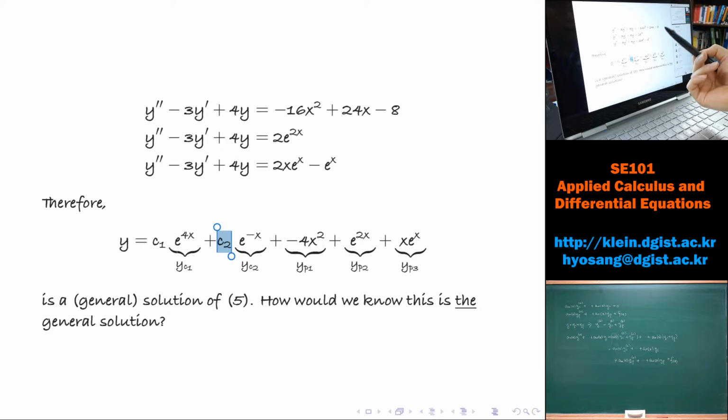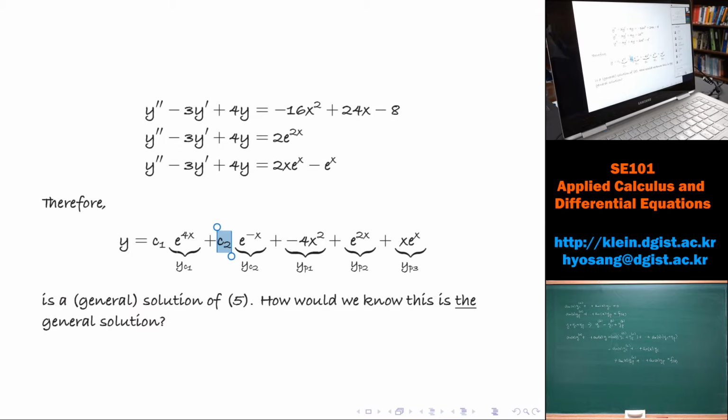If we want to call this the general solution, we have to claim that any particular solution is derived from this general solution. So there's a difference between a general solution and the general solution. The general solution is the most general solution.